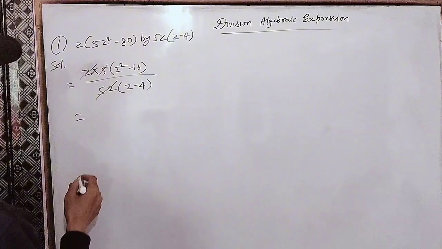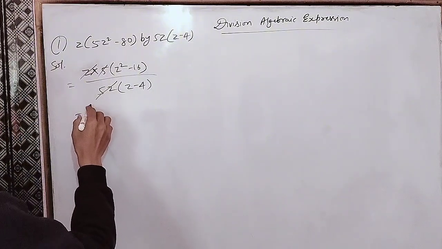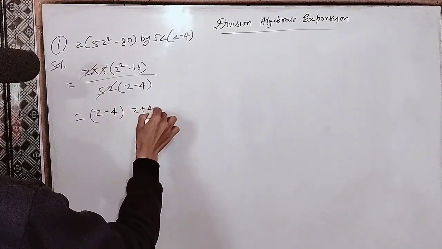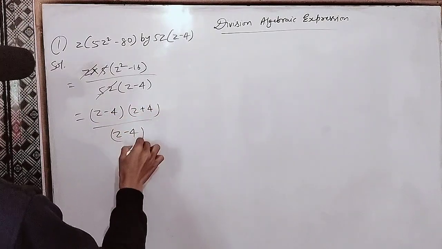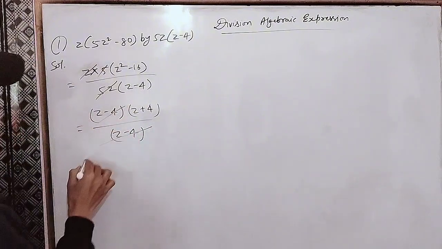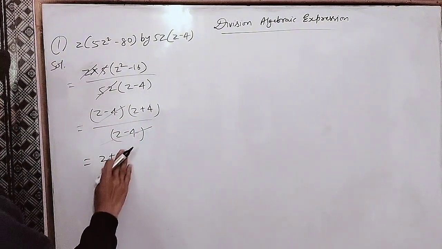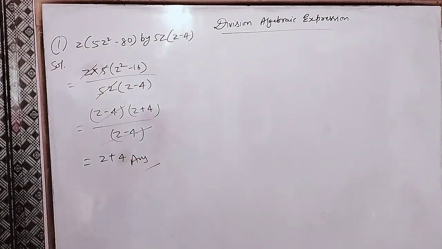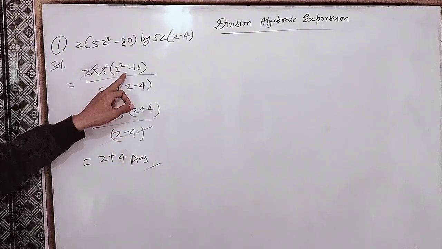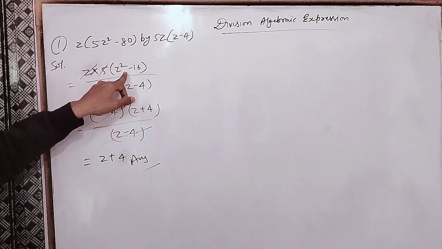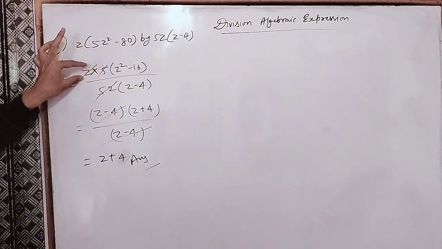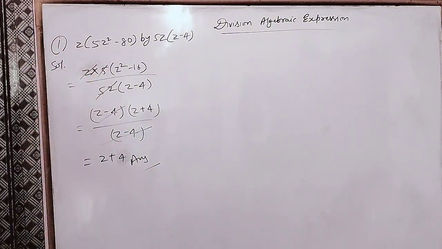Can we write it like that? Am I right or not? So here we applied our algebraic identities. We did right like that. Here we had a common 5.